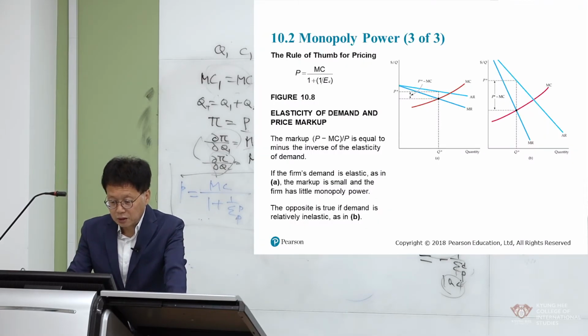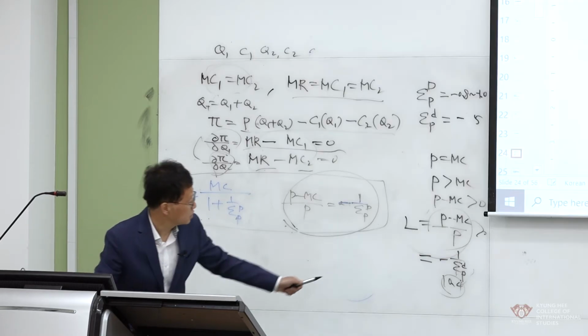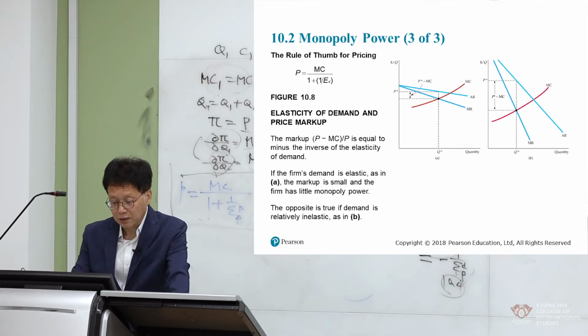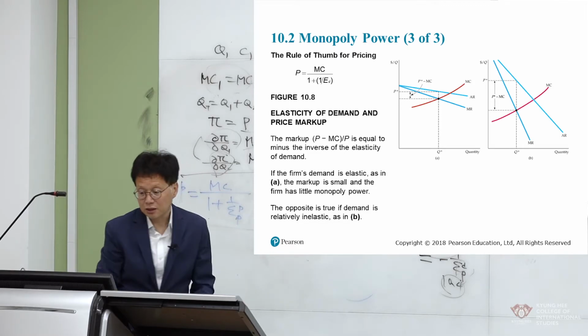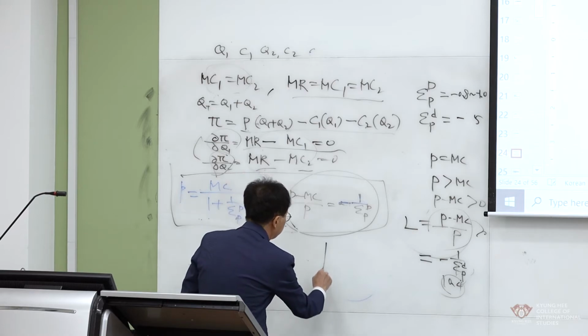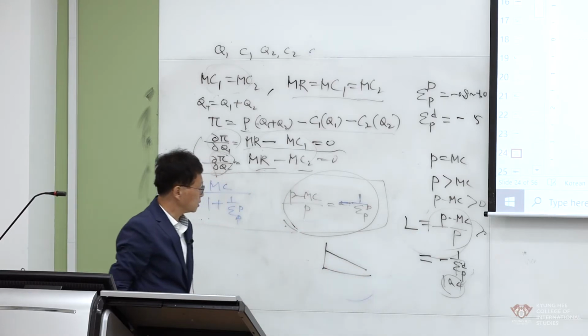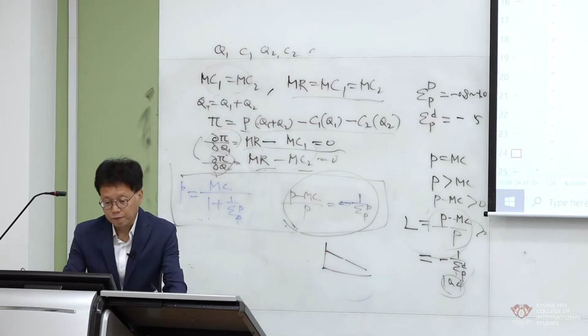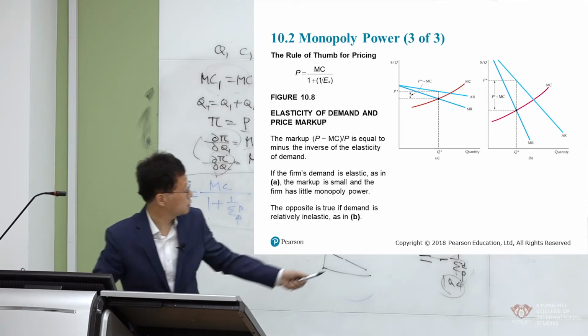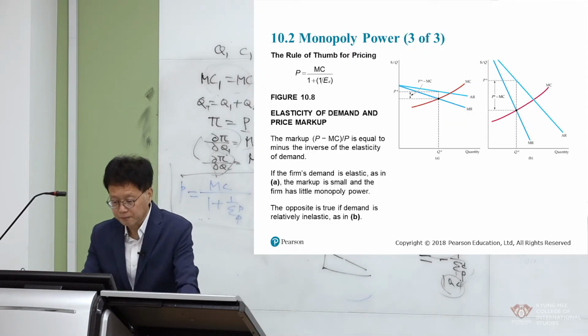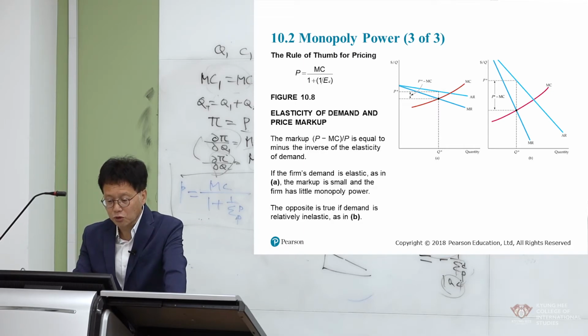That is figure 10.8. The markup, P minus MC over P, or Lerner index, is equal to minus the inverse of the elasticity of demand. If the firm's demand curve is elastic, as in panel A, the markup is small and the firm has little monopoly power.